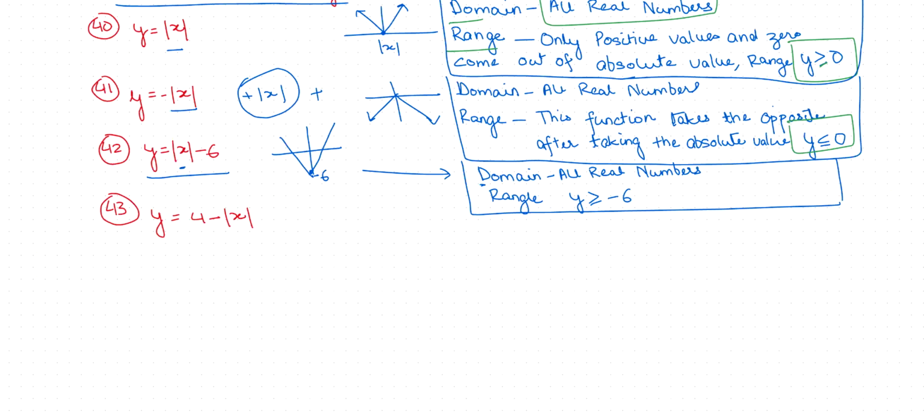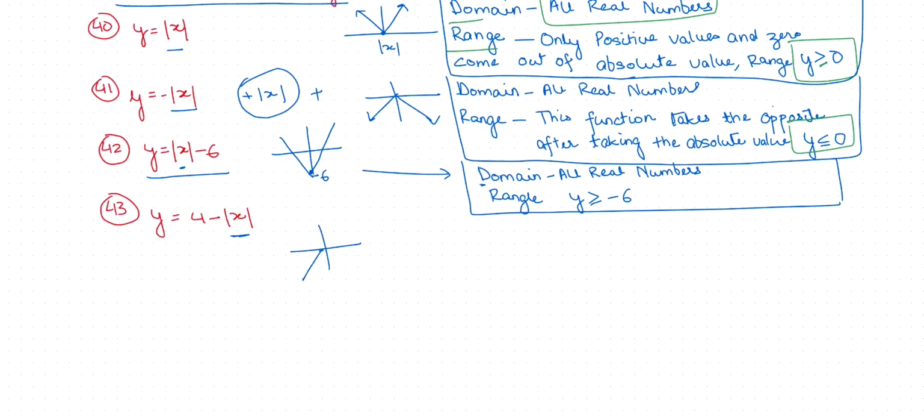Now for 43, we see the domain will be again all real numbers because any value can go into the absolute value function. And for the absolute value function, only positive values and 0 come out of it. Then it is multiplied by negative. So it will have all the negative values like we saw earlier.